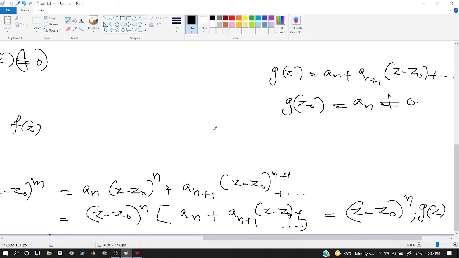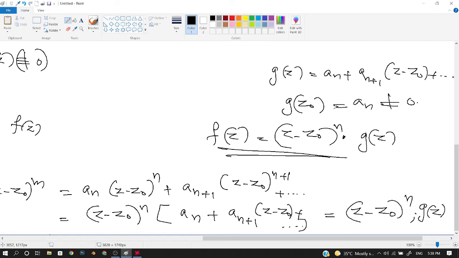Thus we have f of z is equal to z minus z naught raised to n into g of z, where g of z naught not equal to 0.